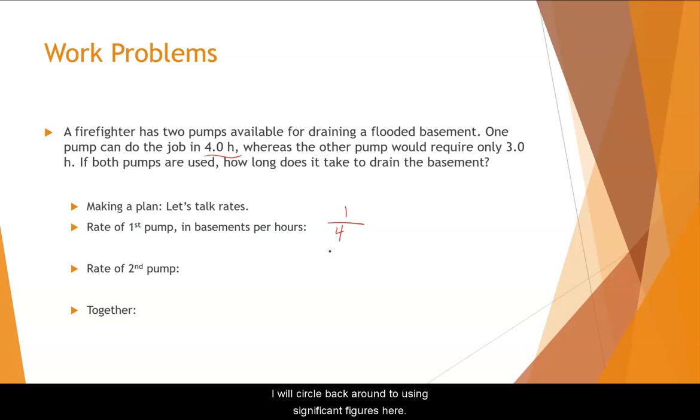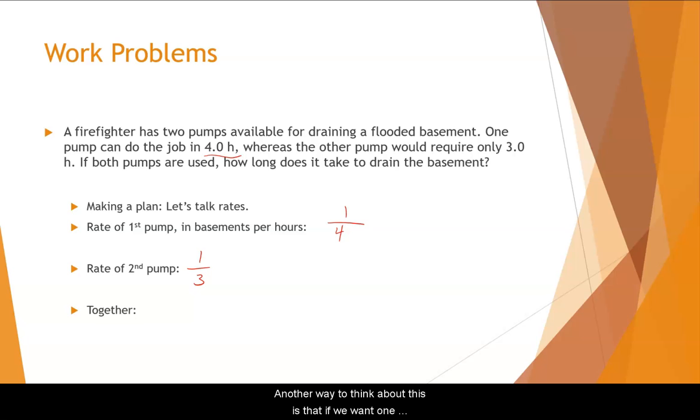I will circle back around to use significant figures here. That means the rate of the second pump could do the job in 1/3 hours. So that means in a given hour, one can pump 1/3 of the basement and the other can pump 1/4 of the basement.